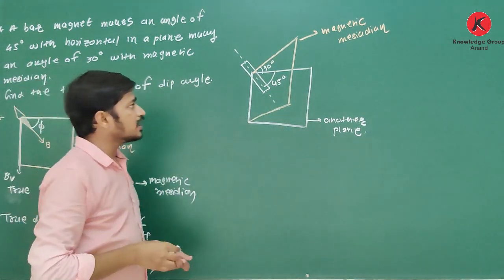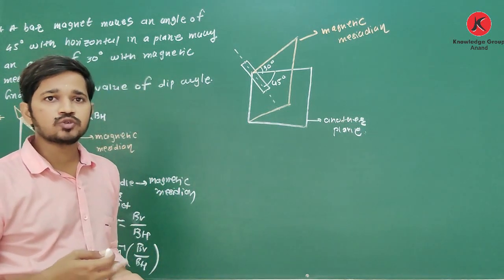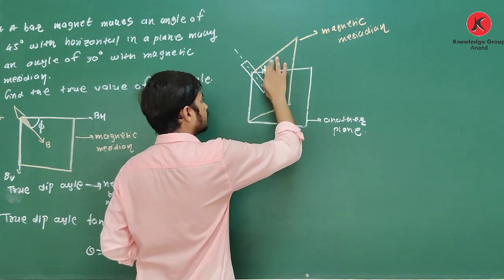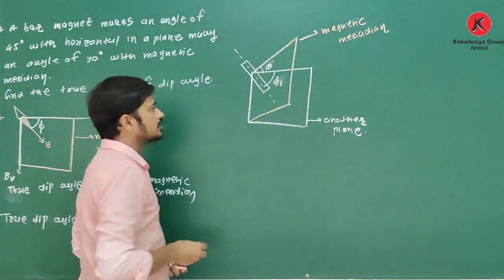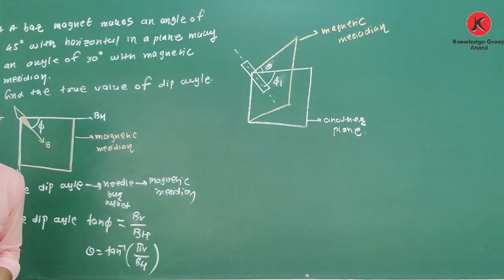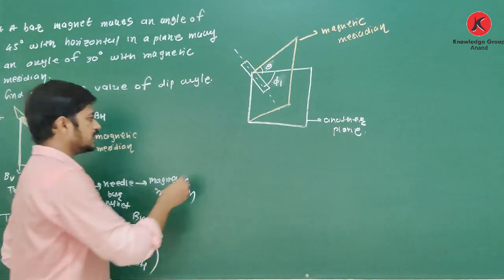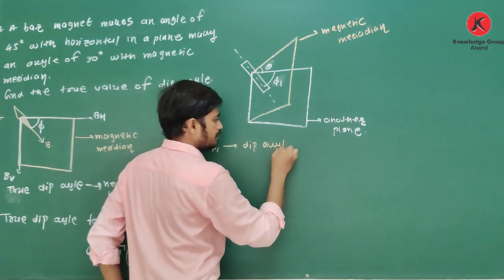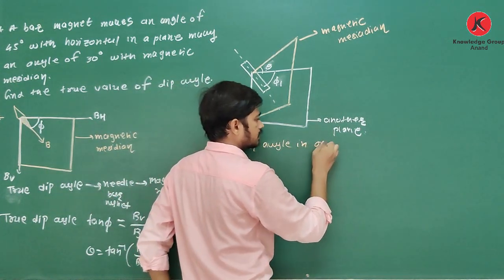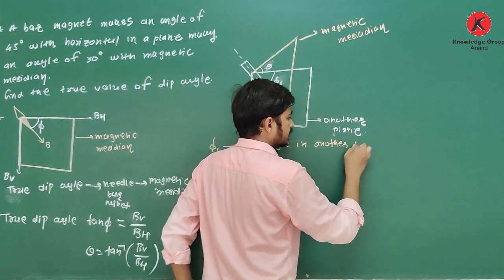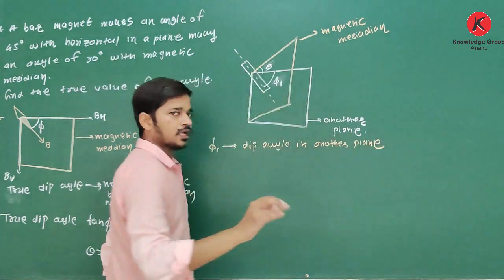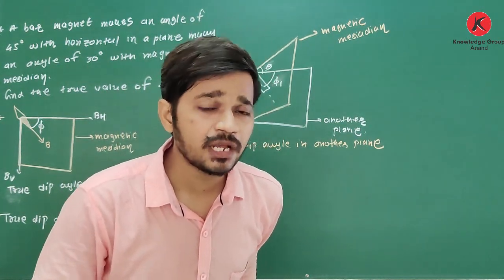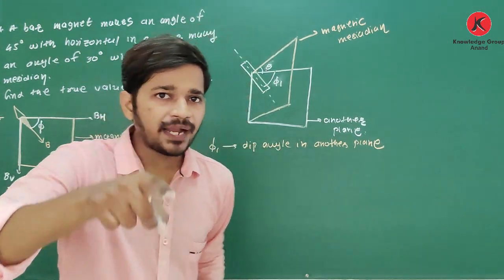If I want to make one general theory, I will say here it is phi 1, and here it is theta, where phi 1 is the dip angle in another plane. It is not the true dip angle. The true dip angle is in the magnetic meridian.